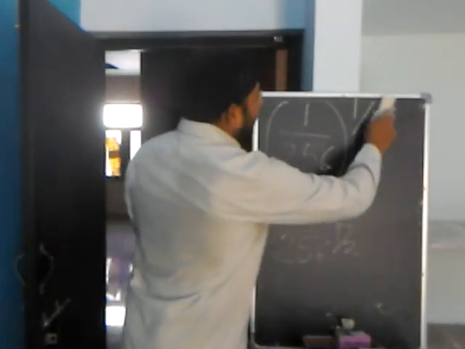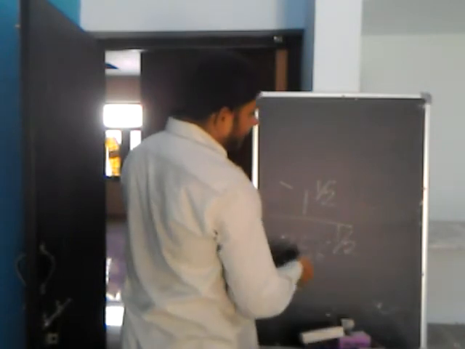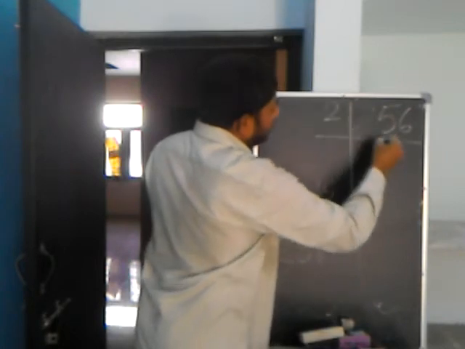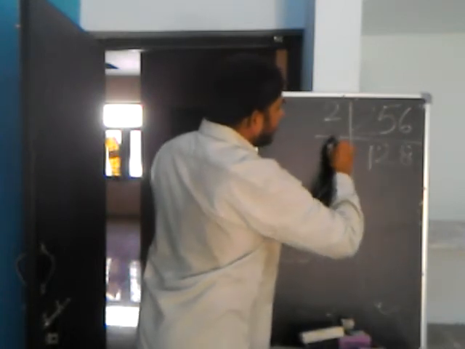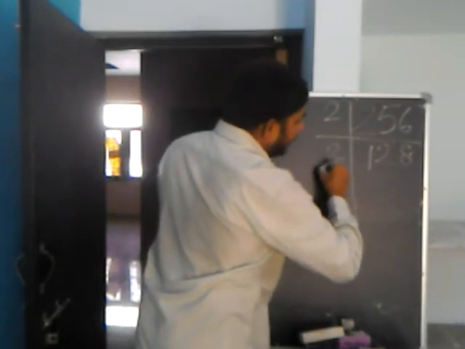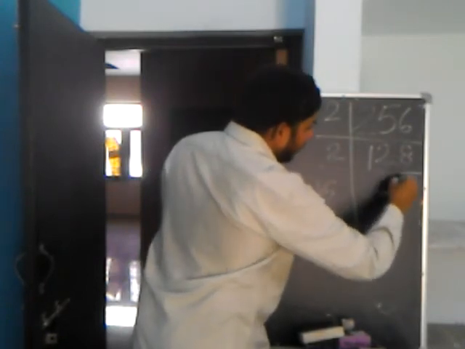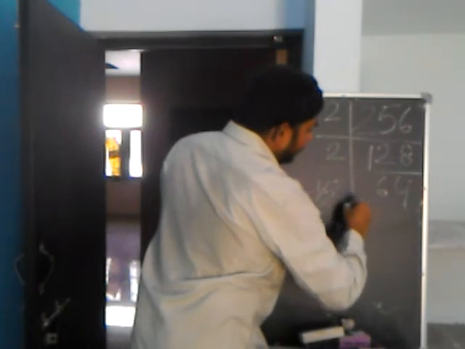I start solving this by prime factorization of 256. Now 256 is an even number, so I can divide it by 2. It comes out 128. It can be divided by 2 again. It converts into 64. Again divided by 2, I got 32.